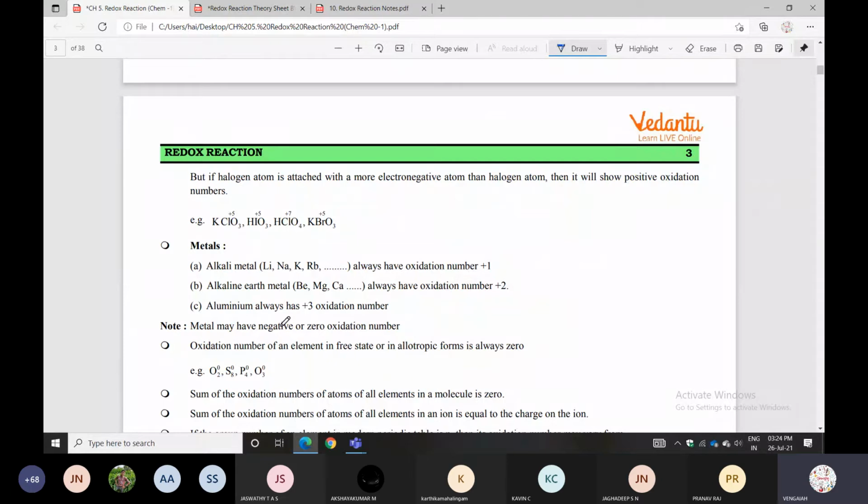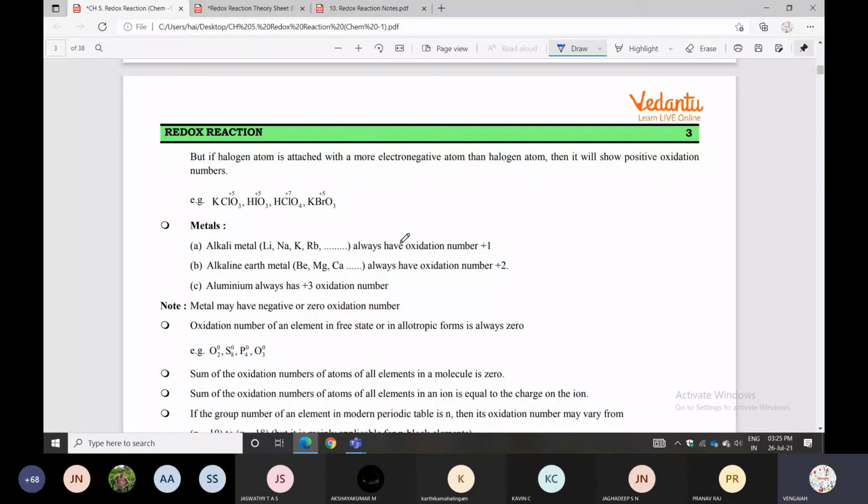But if the halogen is attached to a more electronegative atom, it shows a positive oxidation number. Group 1A metals are +1, group 2A are +2, aluminum is +3.